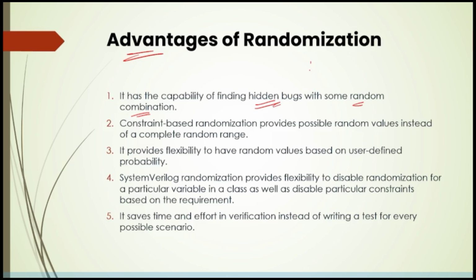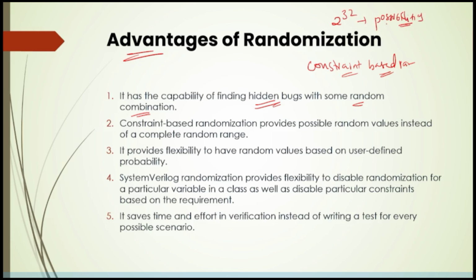And also by using constraint based randomization. This is very important. What does constraint based randomization mean? For example, let us take the same example that we have discussed: 2 power 32 possibilities means very vast, is it or not?